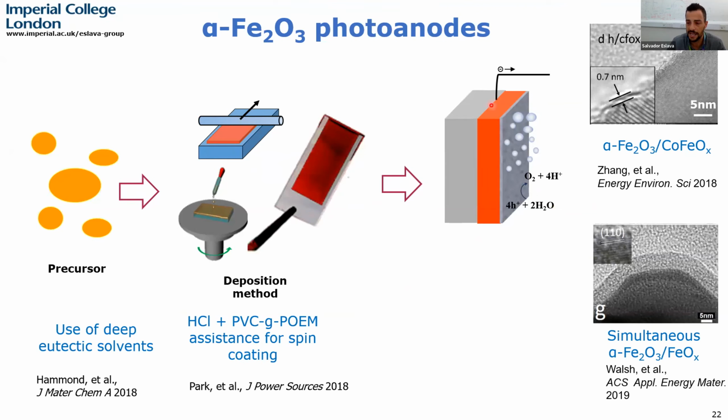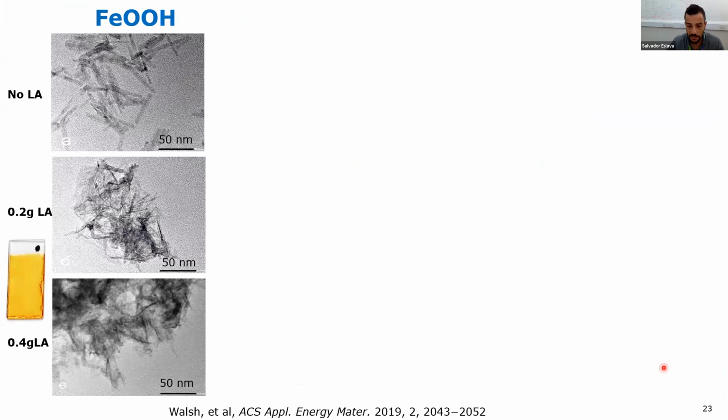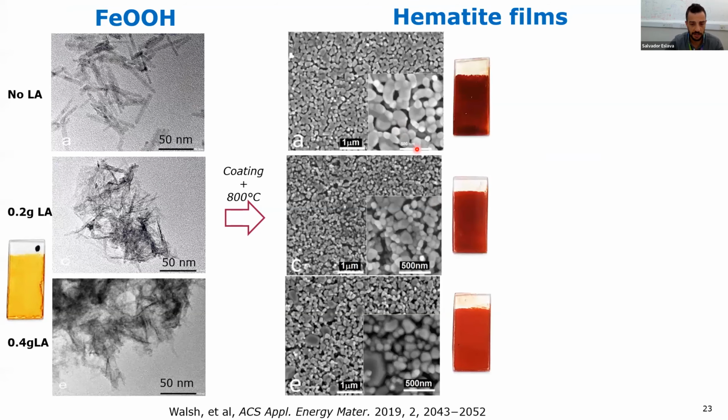We have also been studying the simultaneous formation of an electrocatalyst, in this case, iron oxide hydroxide. This came a bit by serendipity. So we were working on iron oxide hydroxides as precursors, as particle precursors for the formation of iron oxide films. And so we were working with these nanorods and then getting these films.